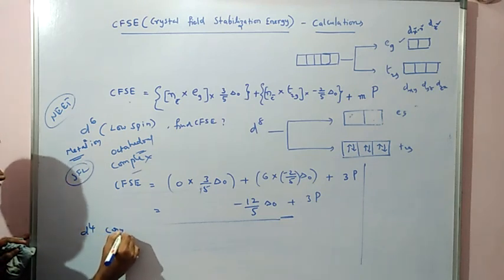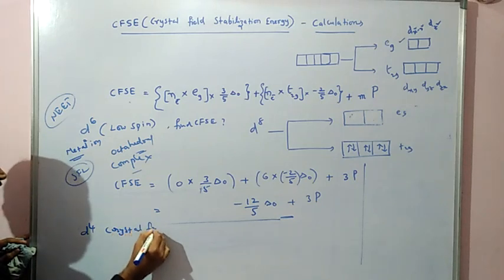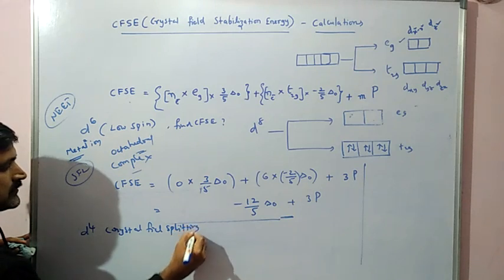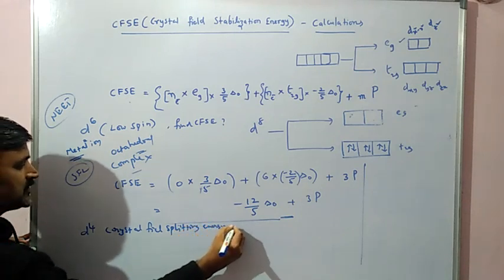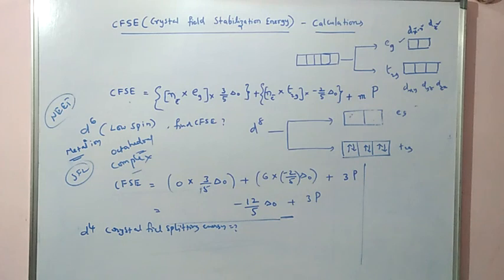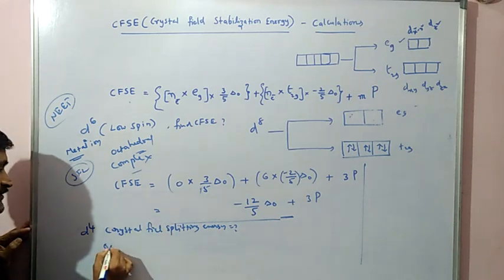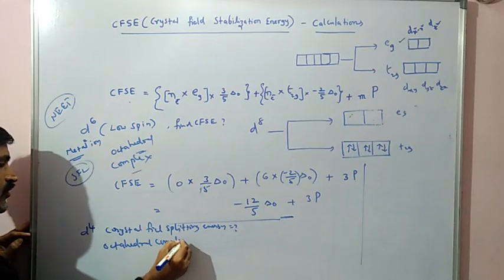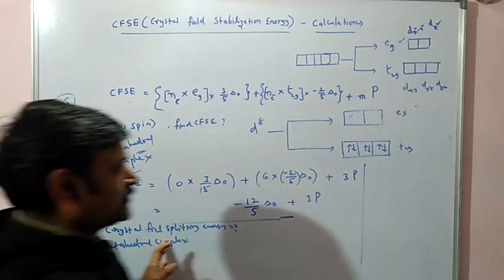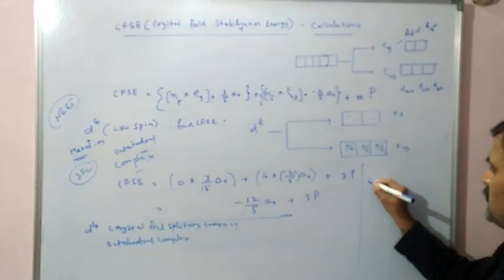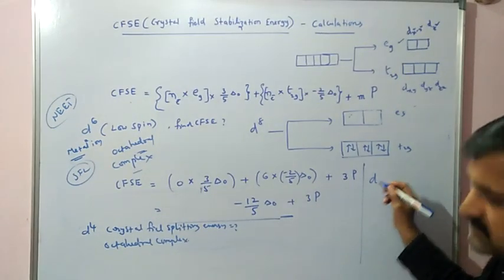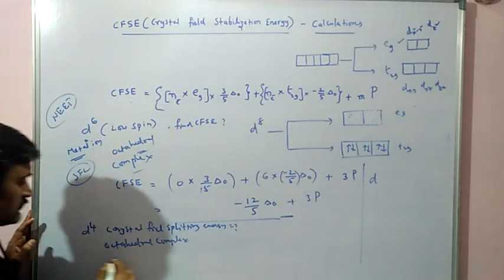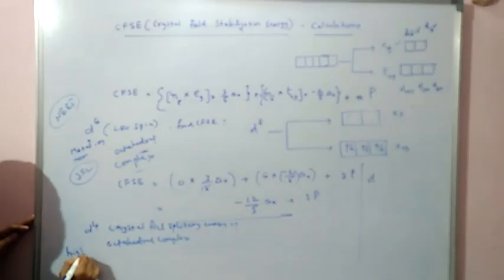This is also asked for the octahedral complex. So first of all, you see in the octahedral complex, the spin they have given is high spin. They are talking about high spin.